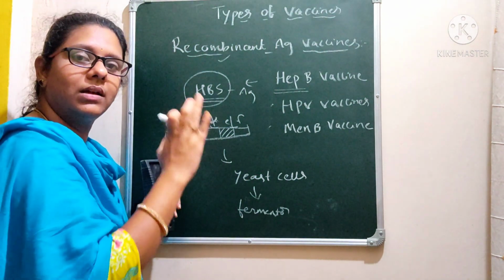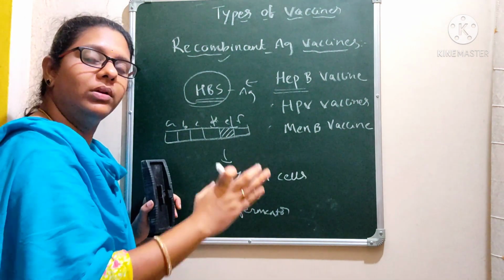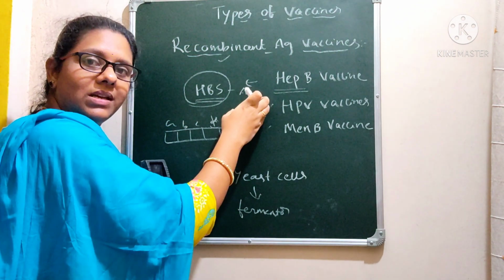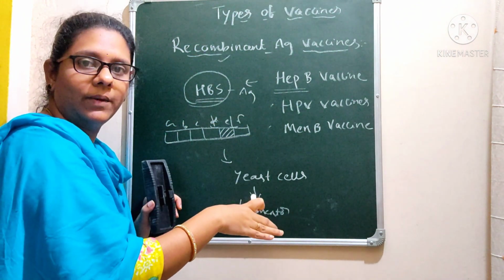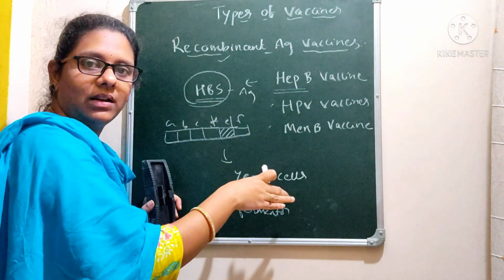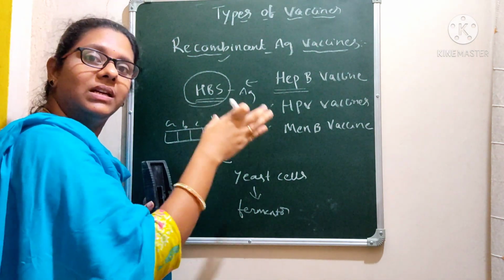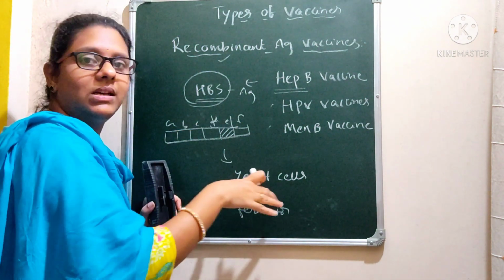Once the yeast cells are grown, you have to harvest those cells, because this surface antigen is produced intracellularly, that is, within the yeast cell, not extracellularly.